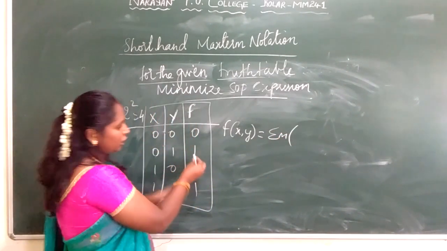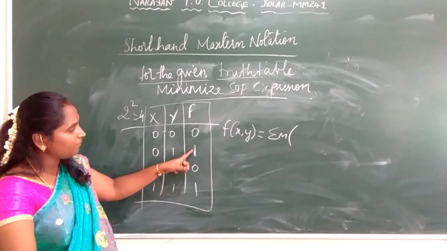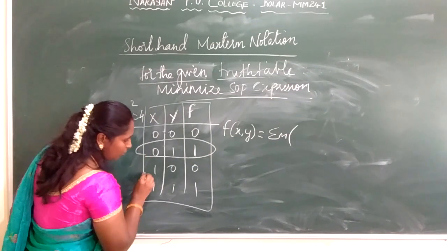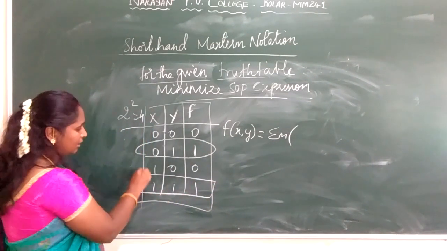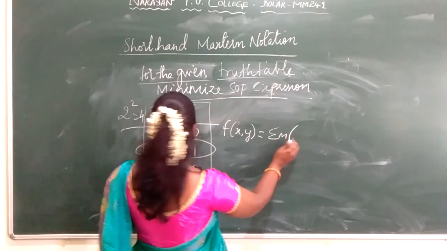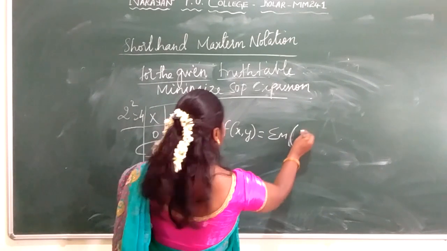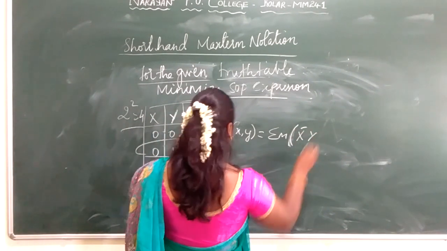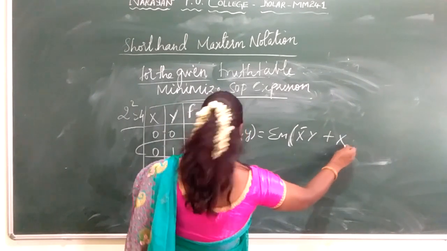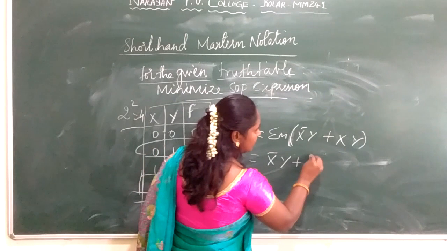I have already told you, in your SOP form, that is in minterm form, if the output is one, that particular input values are taken. So here the expression is x bar y, for this particular input, plus x y. So you get the expression x bar y plus x y.